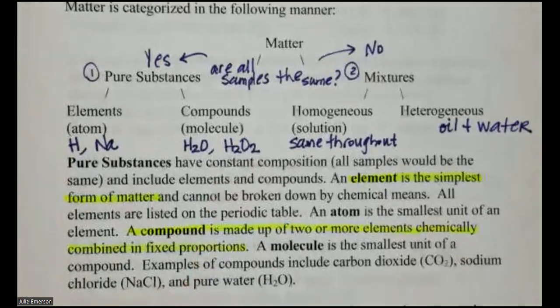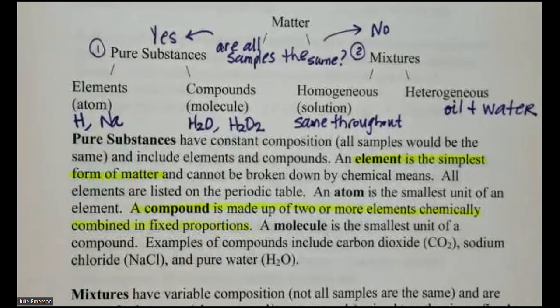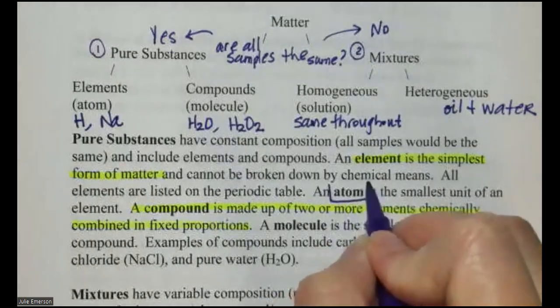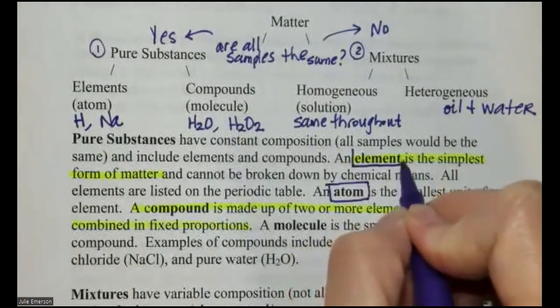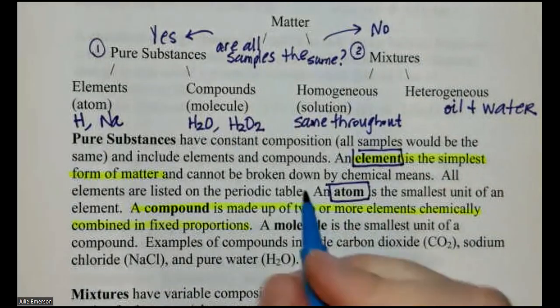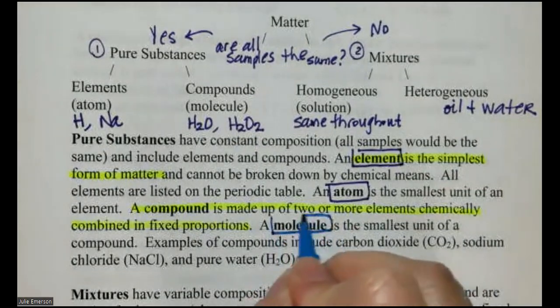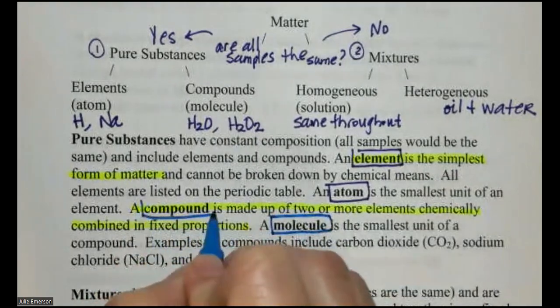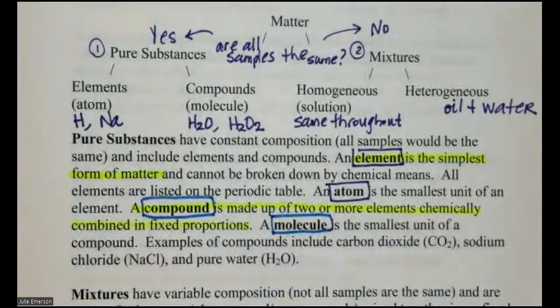All right. Now, terminology. We have an atom versus a molecule. So an atom is the term for the simplest unit of an element, whereas a molecule is the term for the simplest unit of a compound. So it's just a language thing.